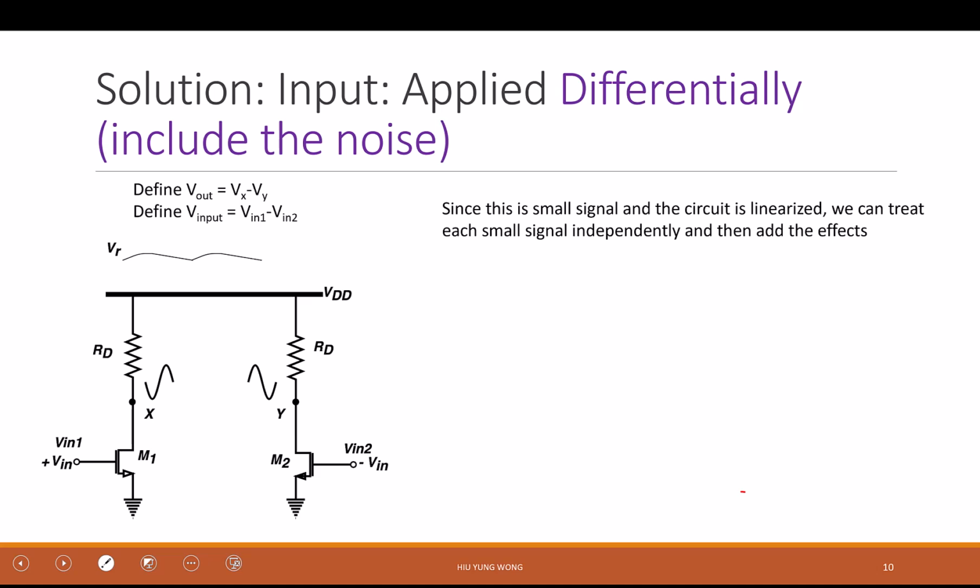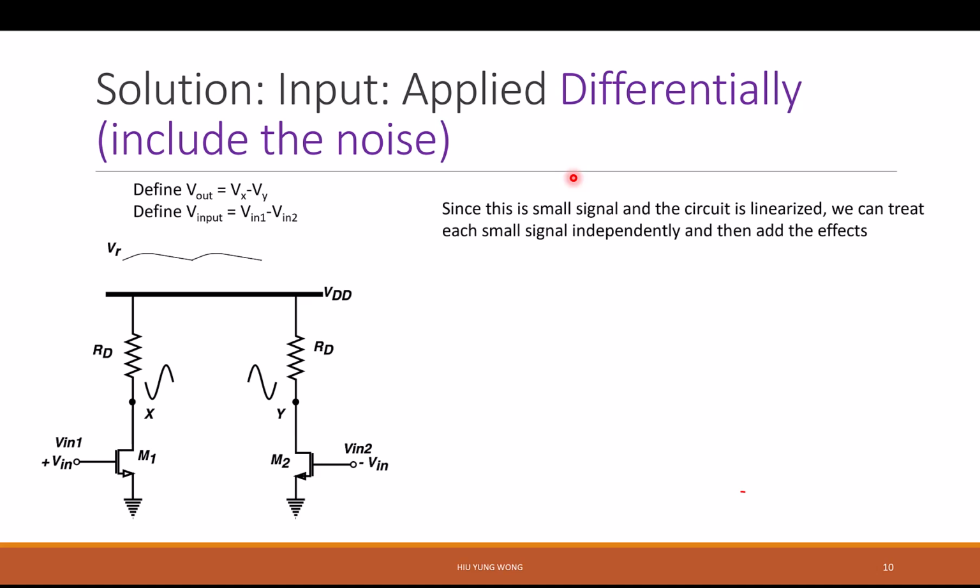But if someone pushes me from the left and someone pushes me from the front at the same time, maybe I'm so scared, I just kneel down. So this is a completely non-linear system. But because this is a small signal and this is a linearized system, in this class, you can always treat the excitations separately and then add them together.